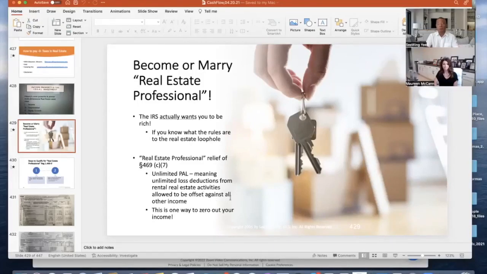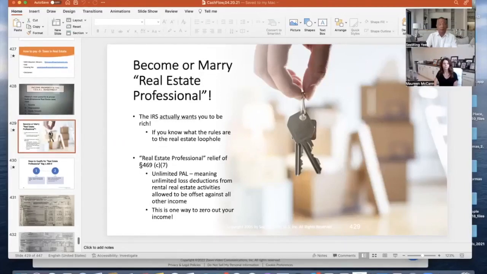Normally, you could only deduct passive losses from your passive income activities, right? But in this case, all your potential real estate passive losses can offset not only your passive income, but your ordinary income. Now that is a game changer. Huge.